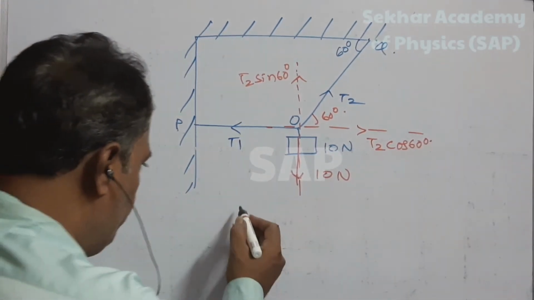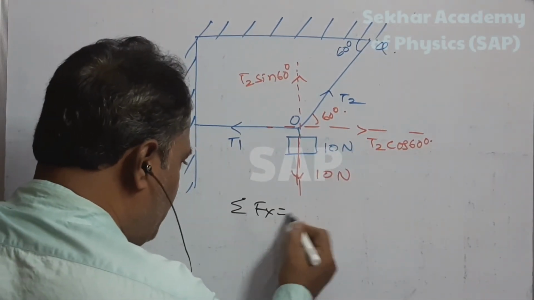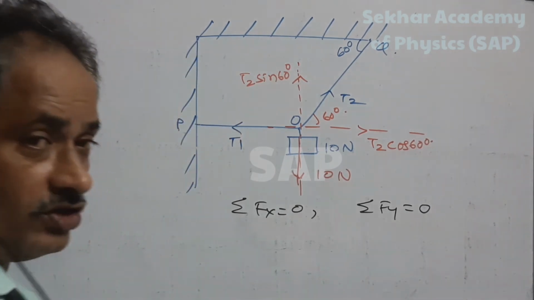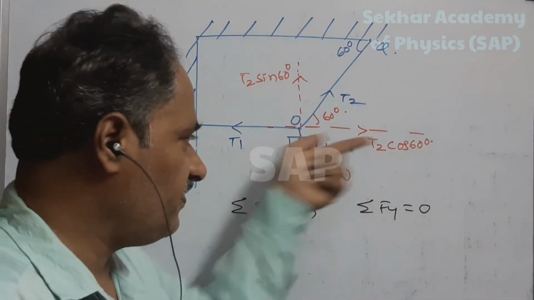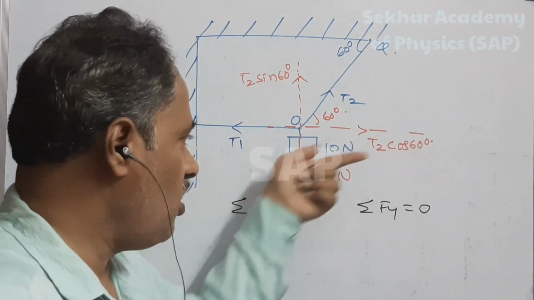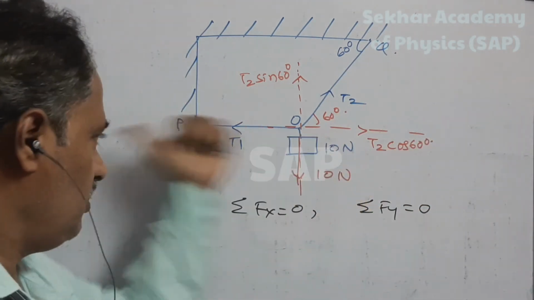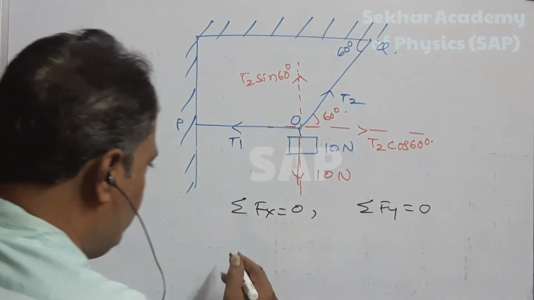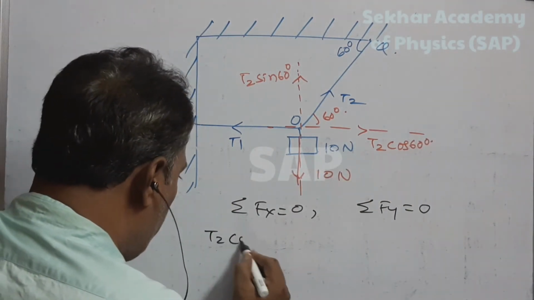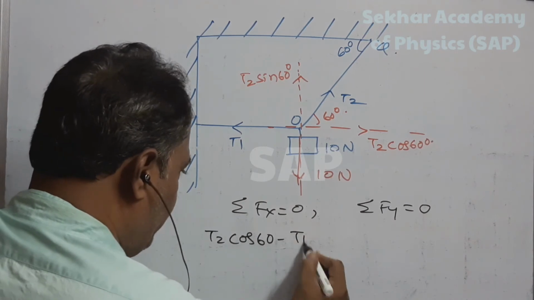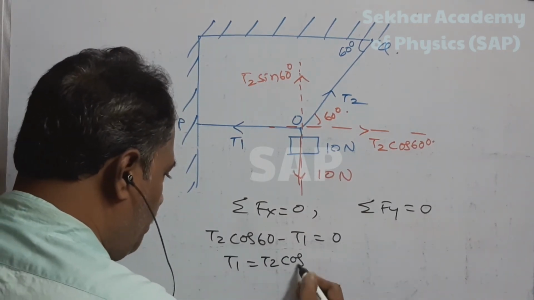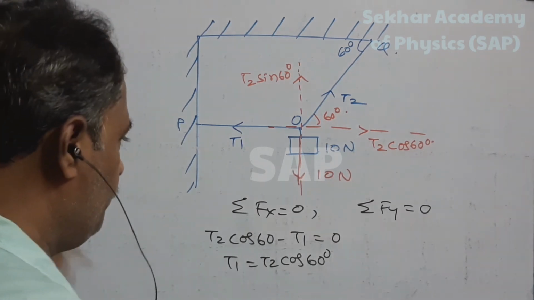Considering equilibrium, sigma Fx equals 0, sigma Fy equals 0. T2 cos 60 is acting along positive x direction. T1 is acting along negative x direction. Hence I can write T2 cos 60 minus T1 equals 0, so T1 equals T2 cos 60.